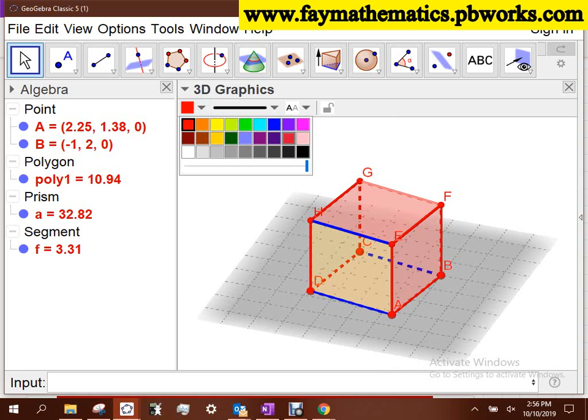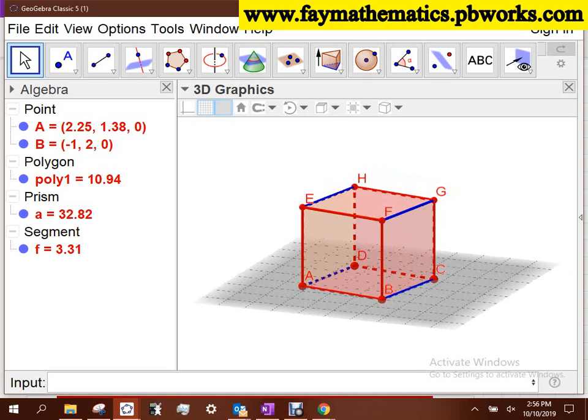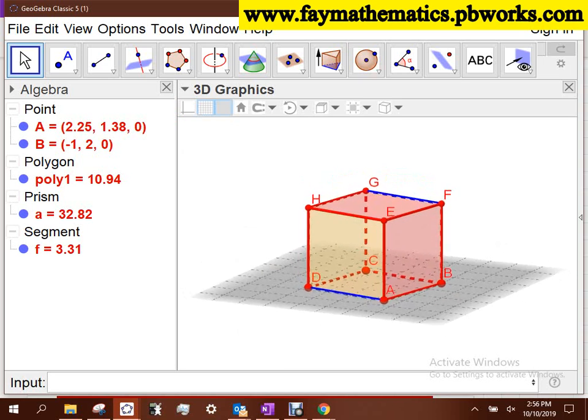It's going to be that blue one, GF. People say that's not in the same plane as A to D, so people argue that those two blue segments are not in the same plane.